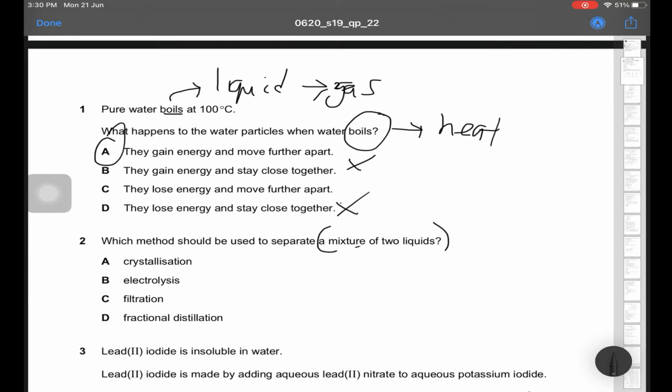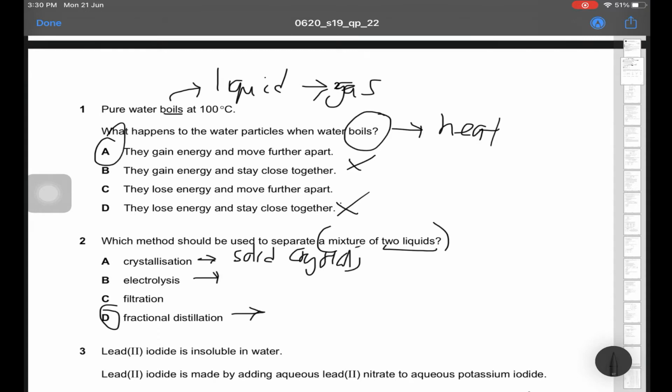Now question number 2, which method should be used to separate a mixture of two liquids? So to obtain two liquids, you need fractional distillation, because you can separate two or more liquids by using different boiling points. So 2 is D. A can't be, because A is used to obtain solid crystals.